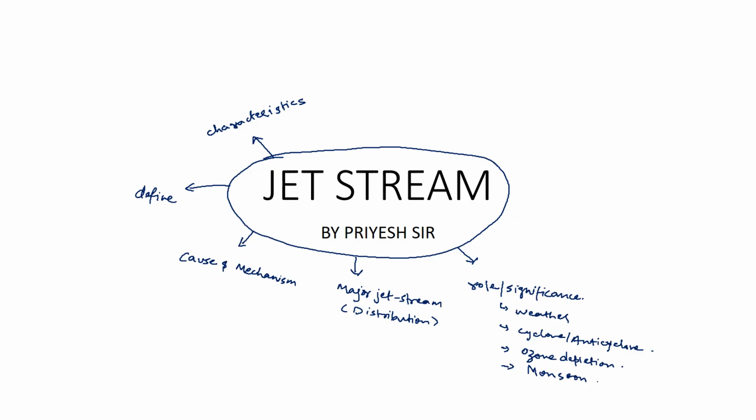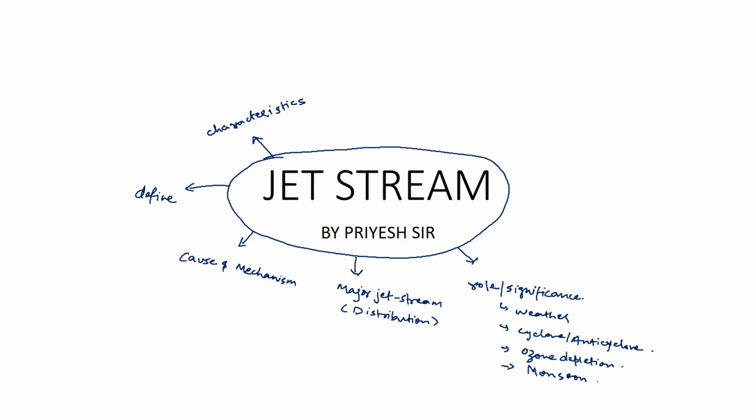Now, what are the major mechanisms that can explain why the jet stream in the upper atmosphere flows opposite to the ground and faster? And the second is why they flow parallel to the isobars, or are called geostrophic in nature.